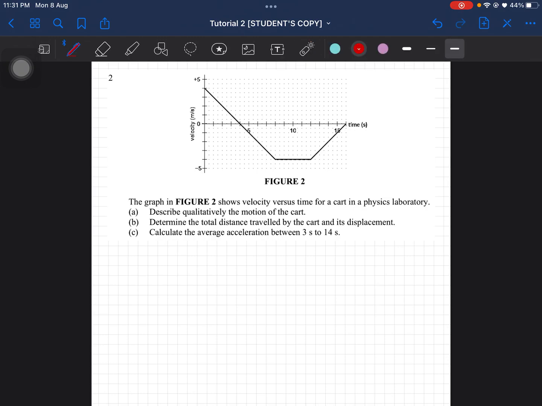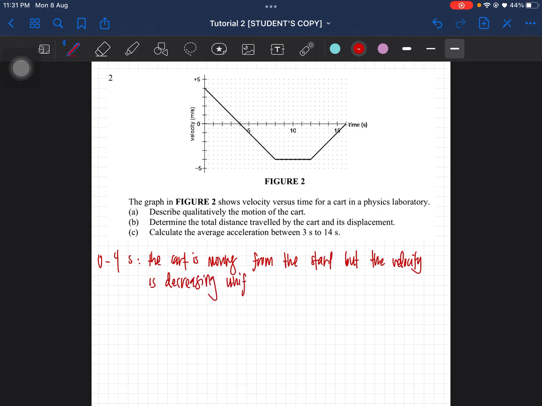Now, let's describe qualitatively the motion of the cart. From 0 to 4 seconds here, the cart is shown to be moving from the start, but the velocity is decreasing uniformly, until it stops.